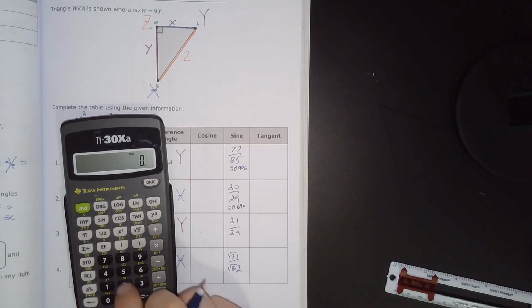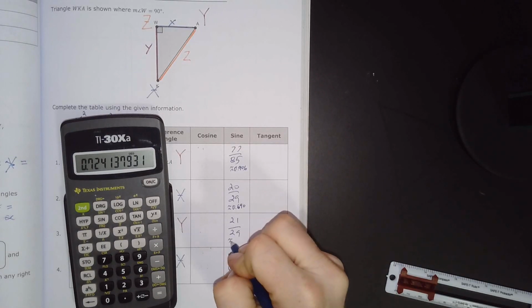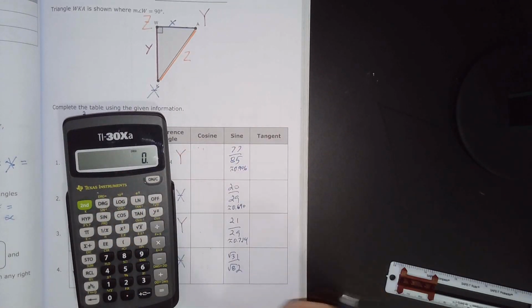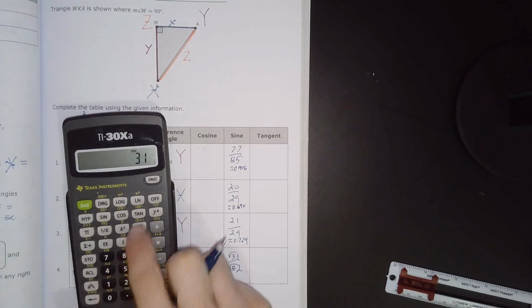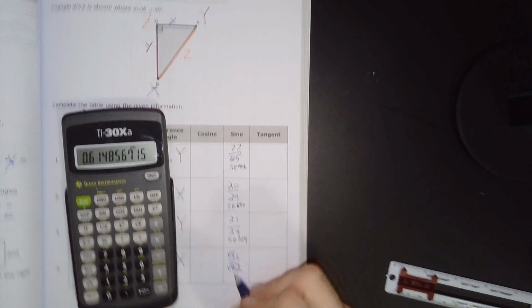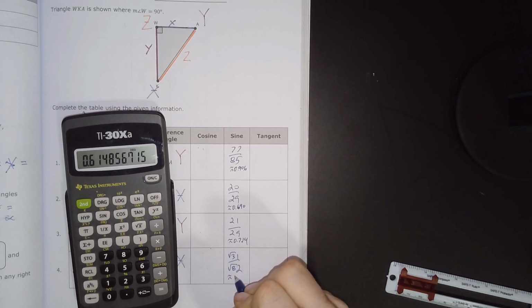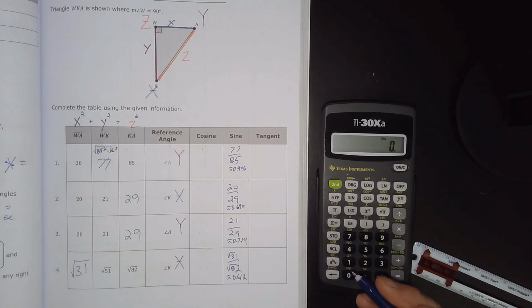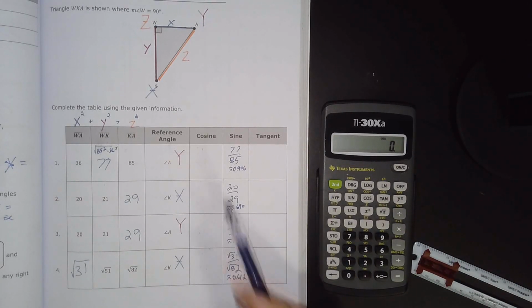This is 21 divided by 29, approximately 0.724. And this is square root of 31 divided by square root of 82 equals approximately 0.612. Okay. All right, now let's go ahead and do cosine.